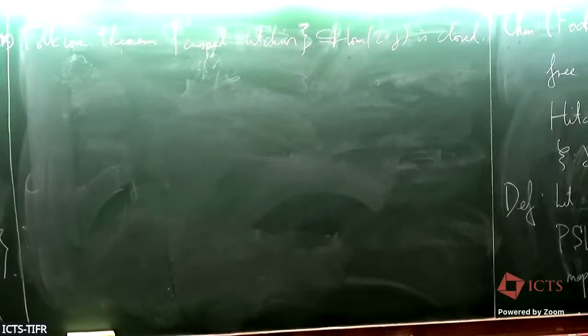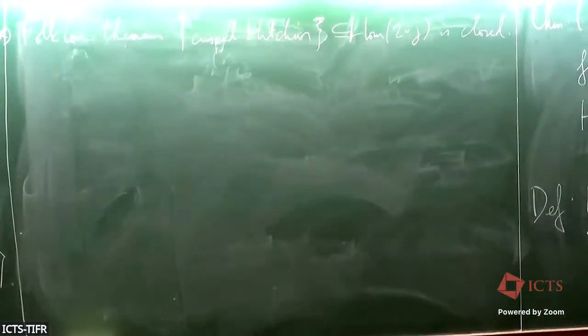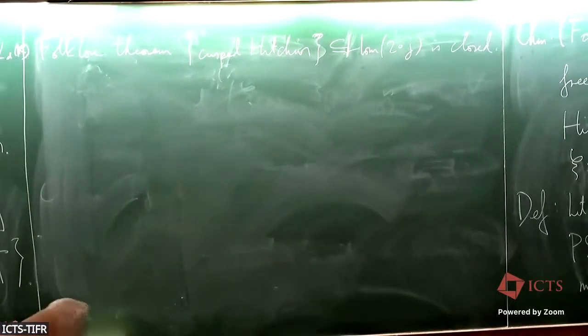The point is, what does the collar lemma tell you? Suppose I have a sequence of Hitchin representations that converge to a limiting representation. The collar lemma tells you that no non-peripheral curve can have its length go to 0. Because if the length of some non-peripheral curve goes to 0, the length of the transversal has to go to infinity. But you have a limiting representation, so the length of the transversal cannot blow up.